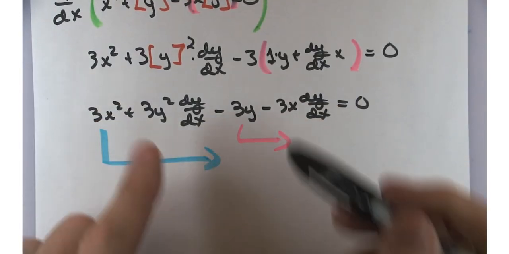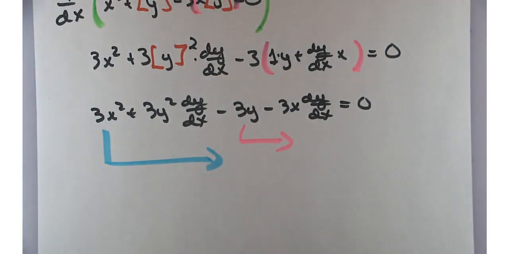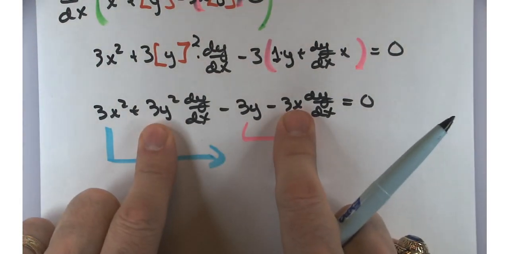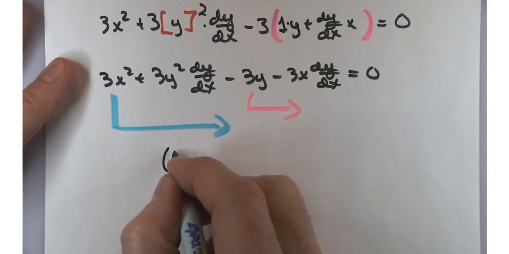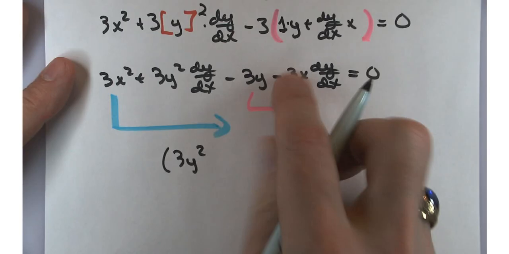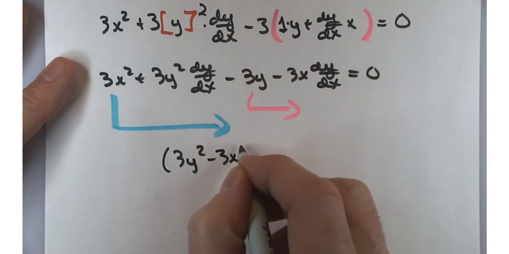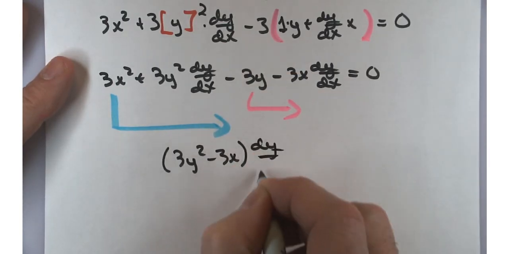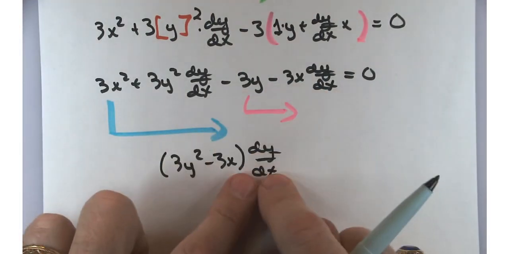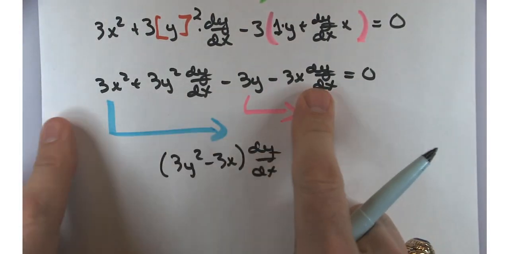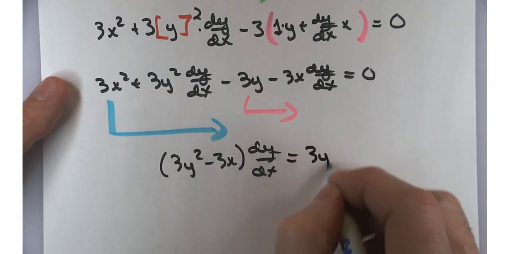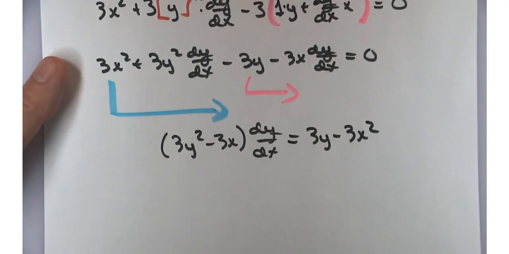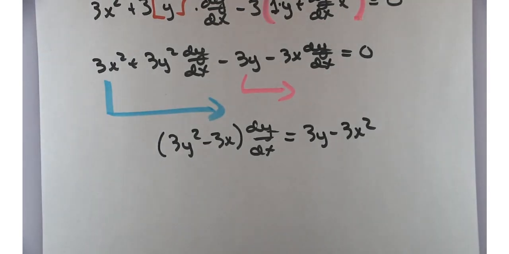On the left-hand side, let's be efficient about this. We're going to need to factor out the dy by dx. So it's going to be 3y squared minus 3x times dy by dx. I'm just factoring out the dy by dx from both of those terms. Moving these two terms to the other side, they change signs like I said. And we get something like that. Almost done.